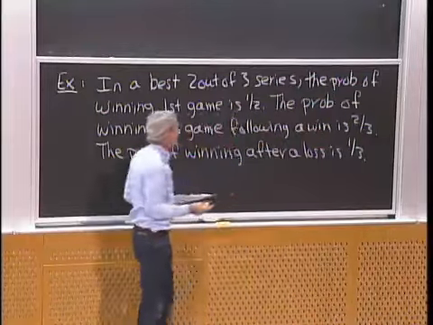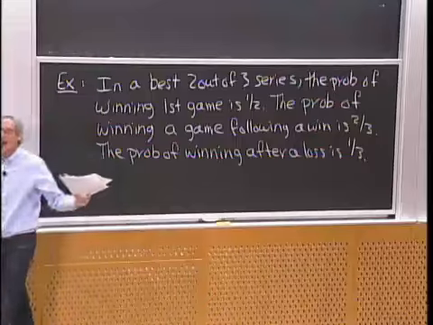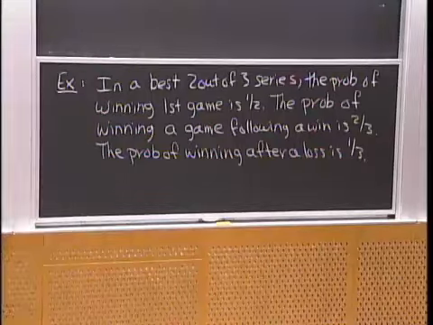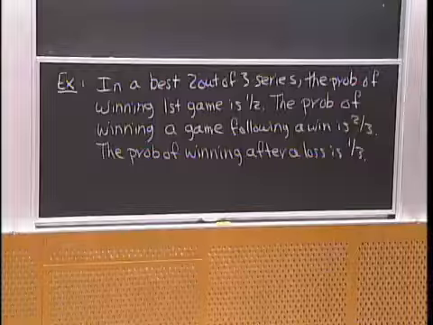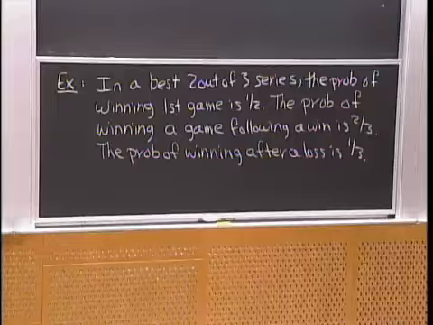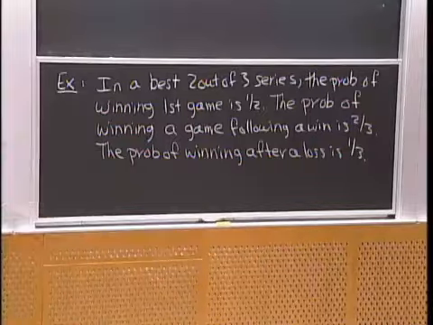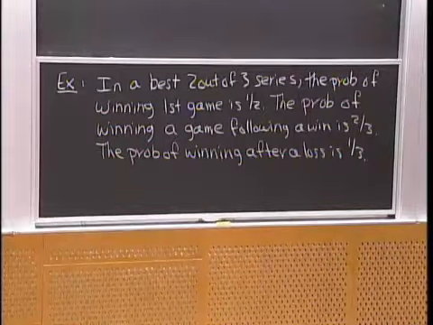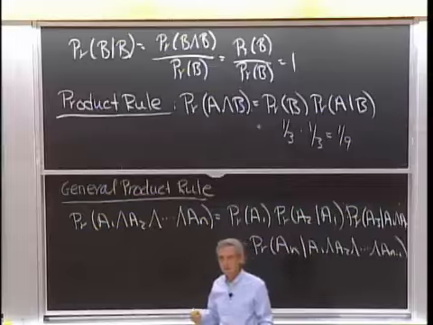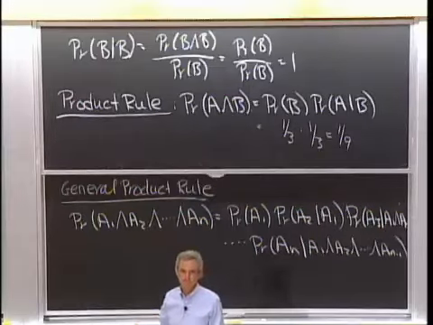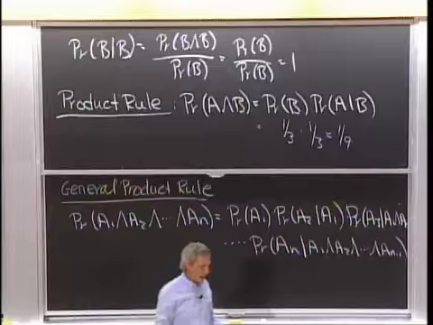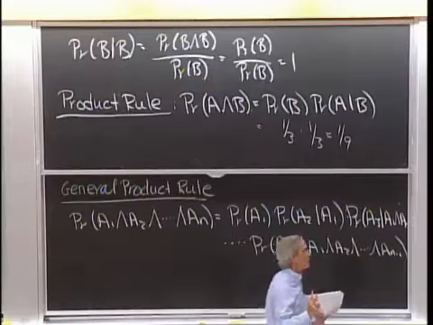The idea here is that if you win a game, you're sort of psyched, you've got momentum, and going into the next day, you're more likely to win. Similarly, if you lost, you're sort of down, and the other guy has a better chance of beating you. Now, what we're going to try to figure out is the probability of winning the series given you won the first game.